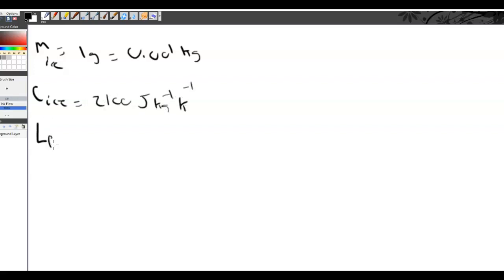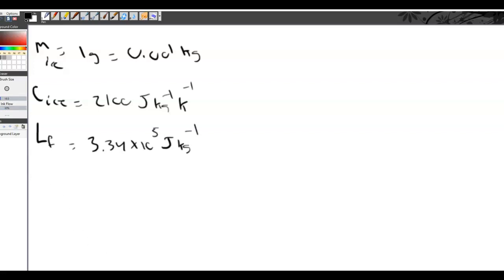I'm also given the latent heat of fusion of water is 3.34 times 10 to the 5 joules per kilogram. And the first question basically just says, what is the heat absorbed by the ice when it goes from negative 15 degrees Celsius and then it melts?